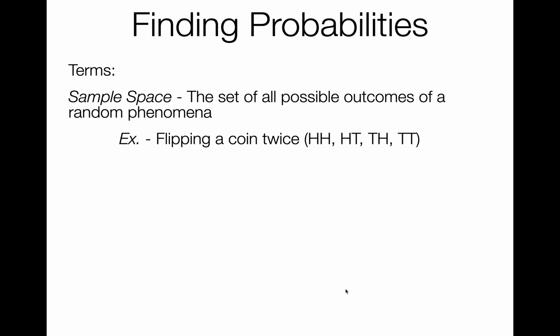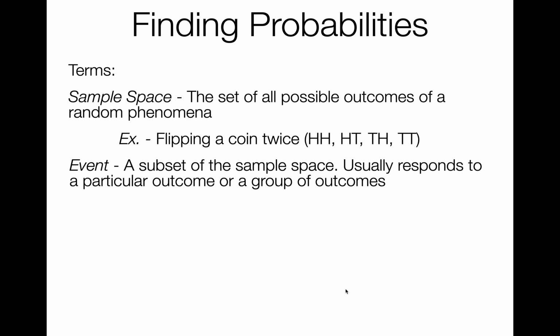The sample space is the set of all possible outcomes in that random phenomena. So when I flip a coin twice, what are all the outcomes that could happen? Well, there's heads, heads, heads, tails, tails, heads, and tails, tails. So there were 4 elements of this sample space. So that's the sample space.